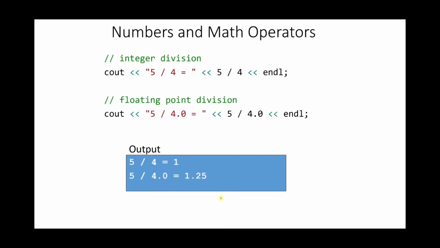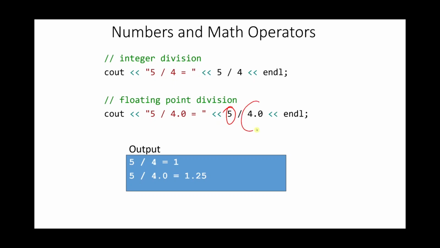Okay, what if we have this? 5 divided by 4.0. Now, the compiler is going to investigate this. Here is one number. This is 5, a whole number, so I'm going to store it in a temp variable of type int internally.